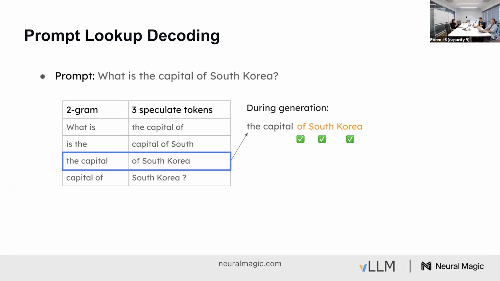Sometimes the large model just repeats the question. We find that prompt lookup decoding works for, as I mentioned before, summarization and question answering data sets, but it doesn't work for online chatting or open question answering data sets. So it's really workload dependent. But for summarization and question answering data sets, sometimes it can achieve really good speedup.